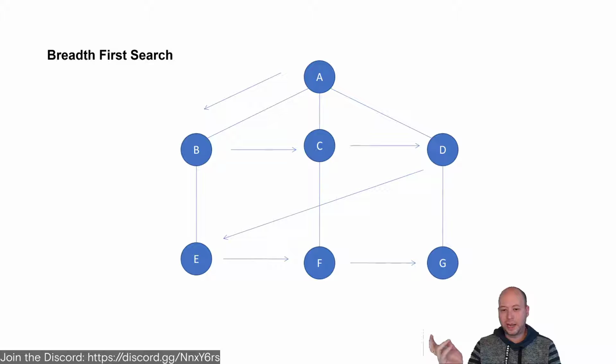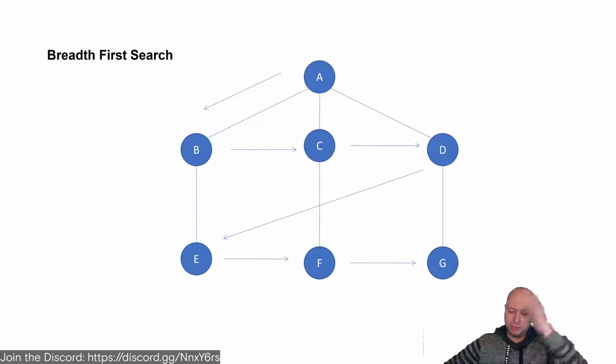But with a queue, we're lining them up, we're queuing them up. So A queues up B, C, and D. You go through B, and now you've added E, but it's at the end of the line. Then C pops off, you add F, but it's at the end of the line. D pops off, it adds G, but that's at the end of the line.